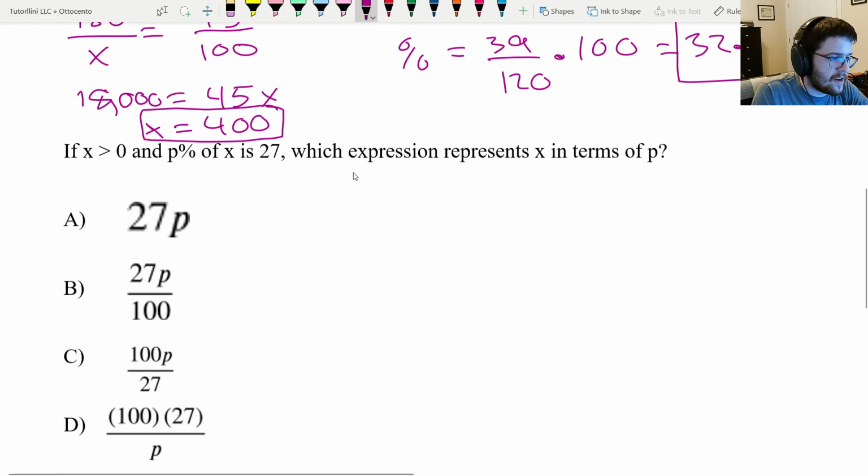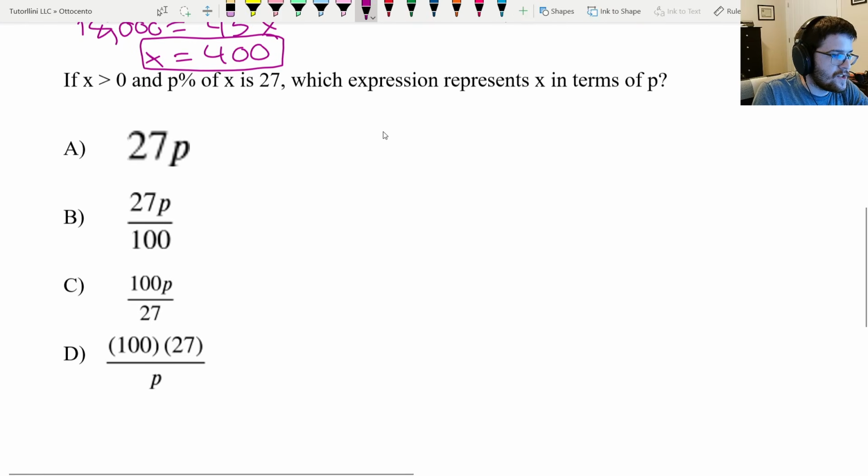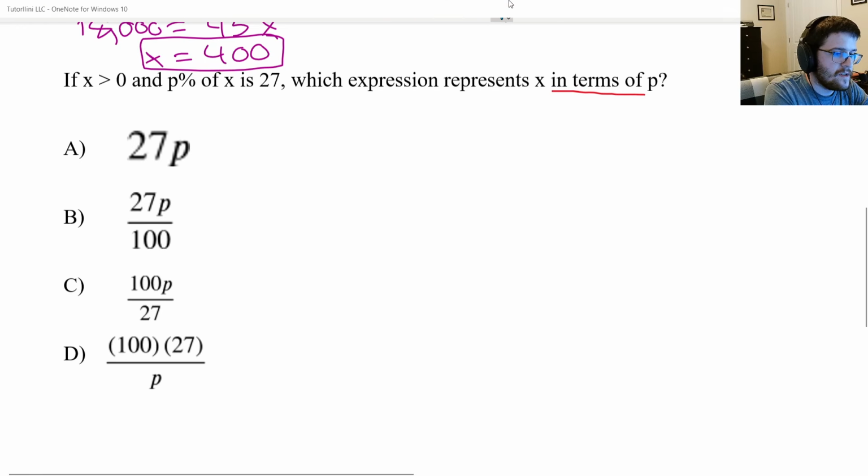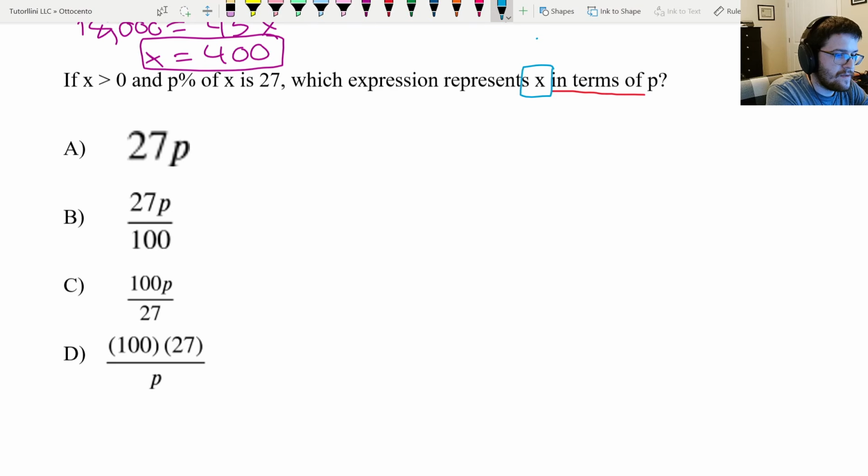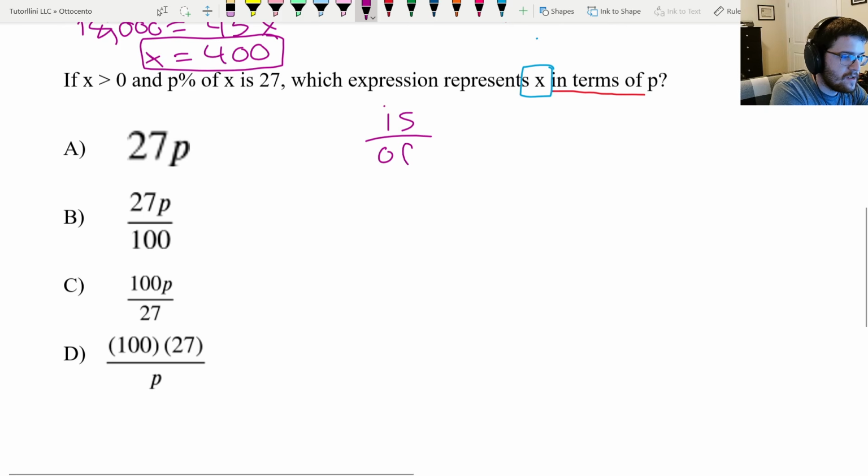Okay, I think this is our last one. Whenever you see "in terms of," the thing right before it, you just need to get by itself. It's called a literal equation. We'll have a video about that another time. So, same deal, is over of equals percent over 100.